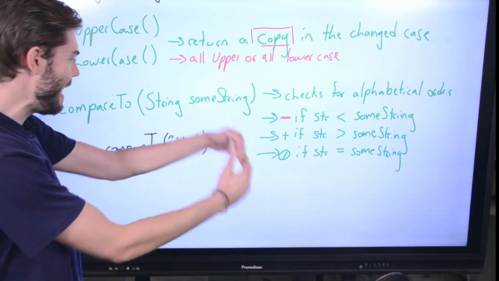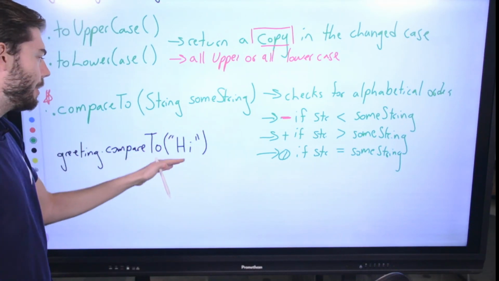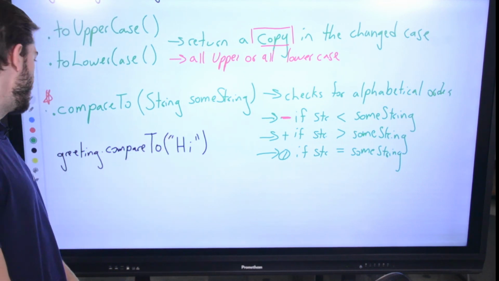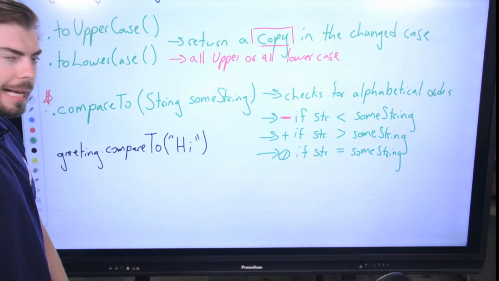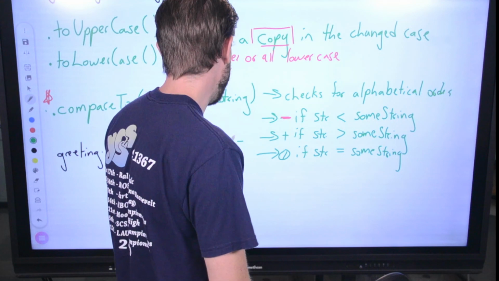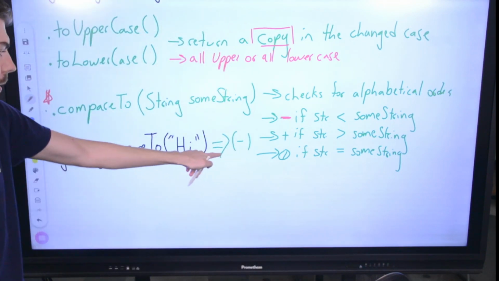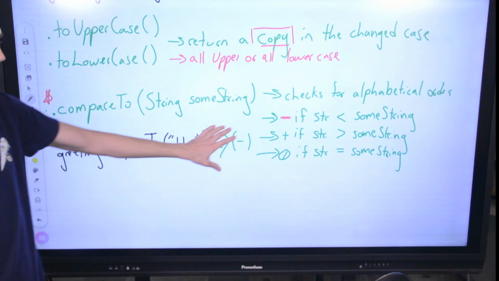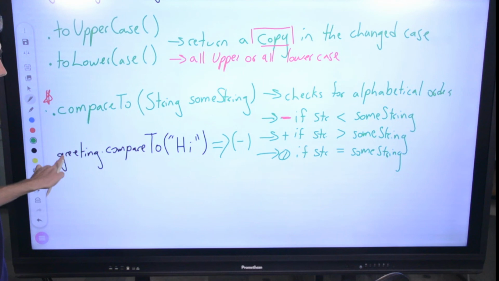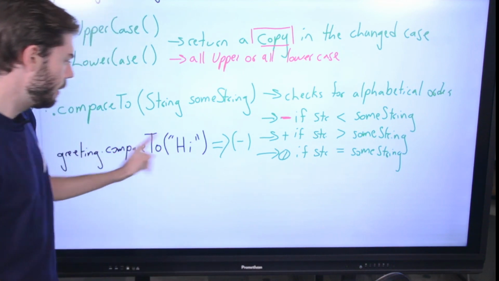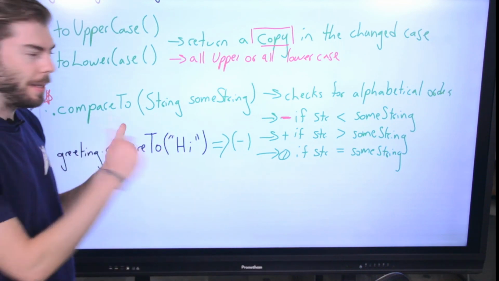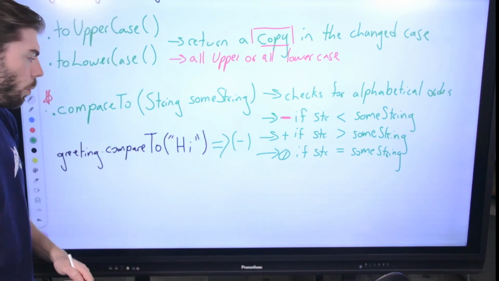So it's going to check the next two characters. In the next two characters, we're comparing hello to hi, so that's E to I. And that is going to be a different number. So it is going to return a negative value. Off the top of my head, I don't know what the negative value is, but it's going to be some negative value, telling us that the greeting is in front of our hi. Okay, so it's in front of hi in the alphabetical organization of these two words.